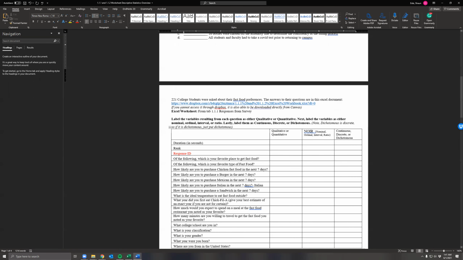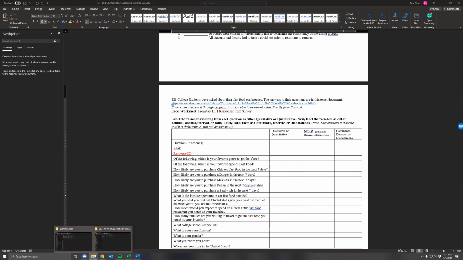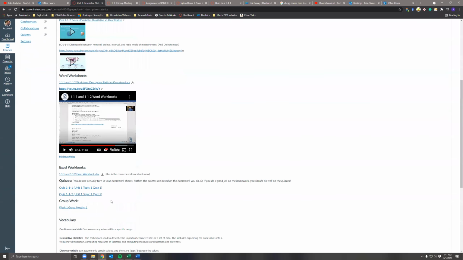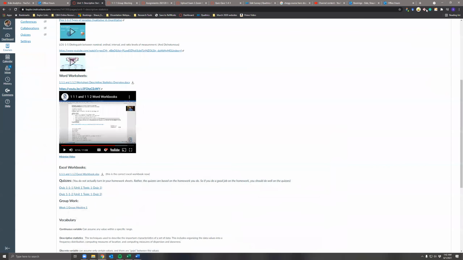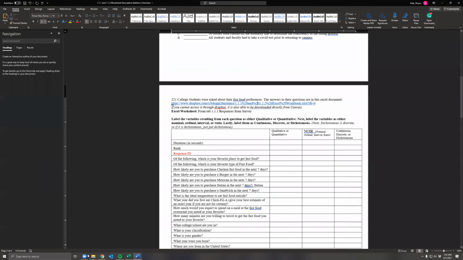And coming down here, we've got 221 college students who are asked about their fast food preferences. The answers to their questions are in this Excel document, so you can click on that, or you can go on Canvas, and you'll notice right down here, this is the exact same document, this 1-1-1, 1-1-2. I will open it up from my computer.